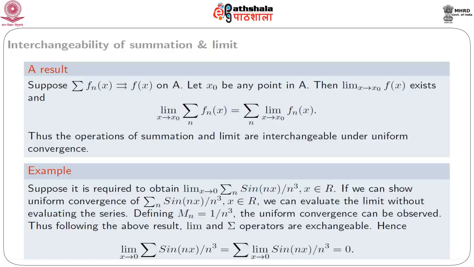Suppose f n dash x exists at all x belonging to a b, and the series with f n dash x as the nth term converges uniformly on the closed interval a b. Then the differentiation can be made under the sign of summation.